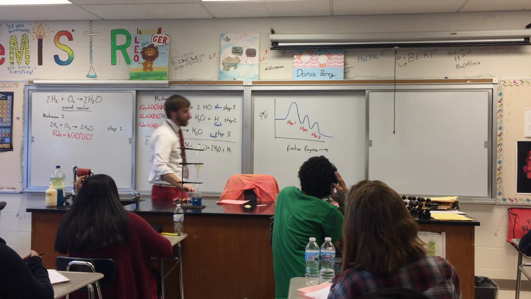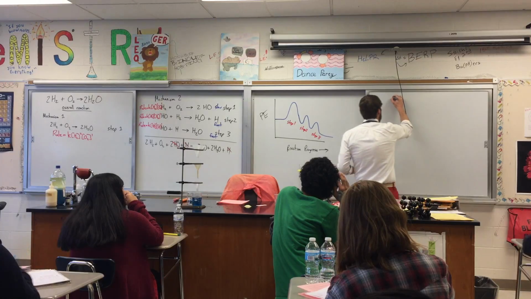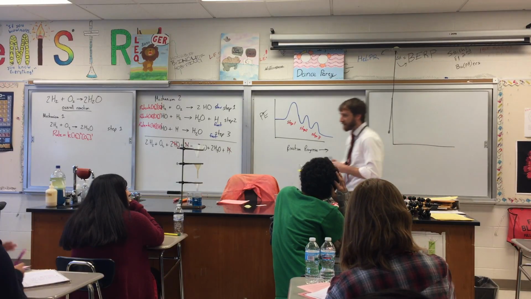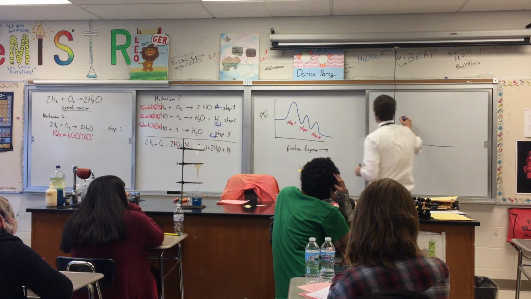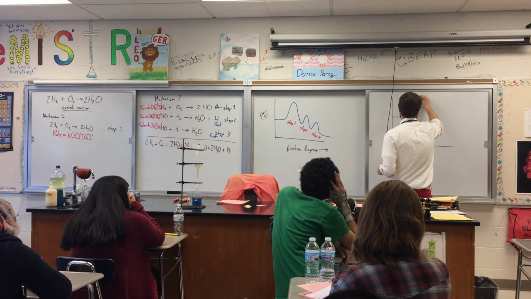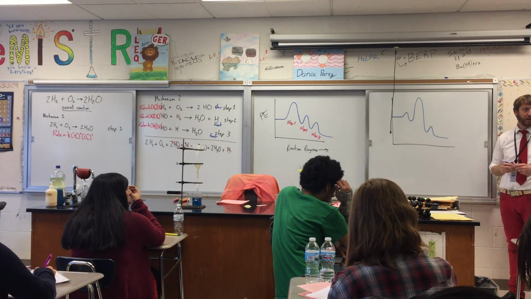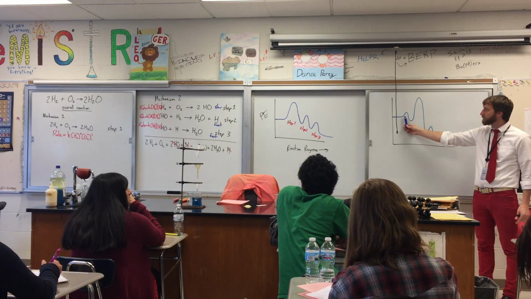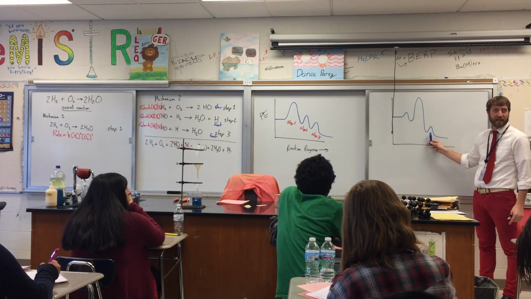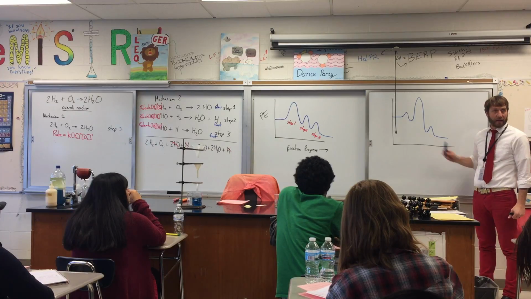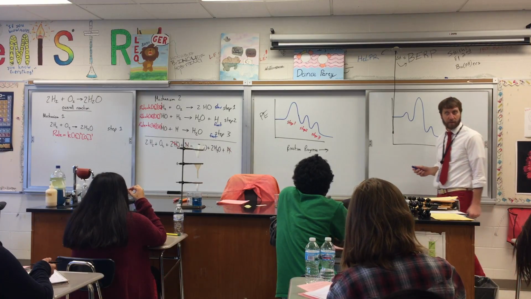Okay? Now it's also possible that this same reaction has the profile like this. But if the profile looked like this, and this was step 1, and this was step 2, and this was step 3, then step 1 wouldn't be the slow step, right?